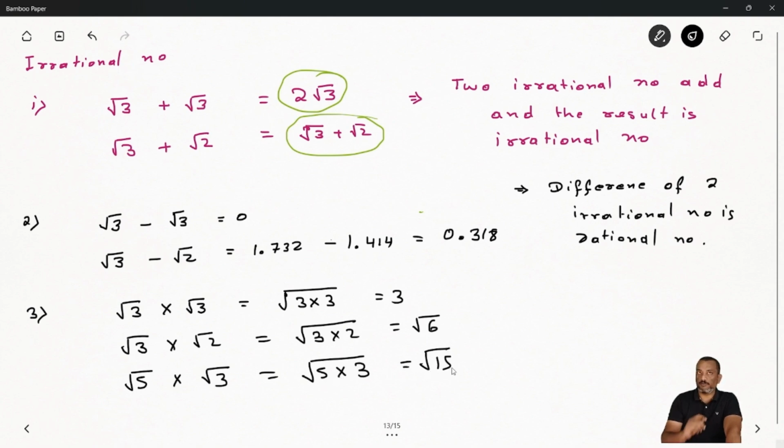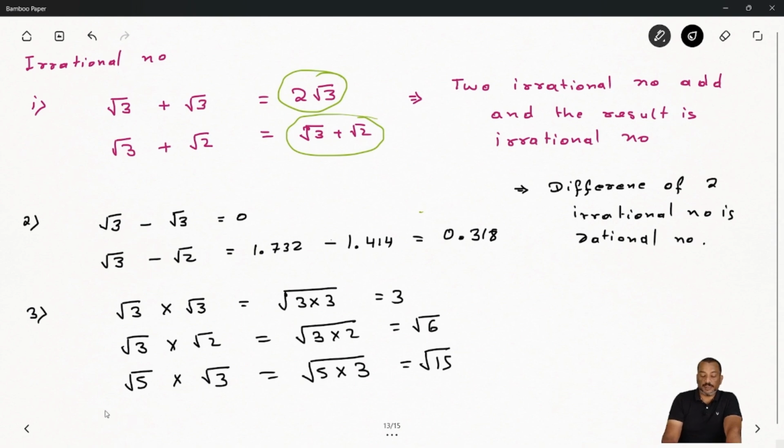So you can say when two irrational numbers are multiplied, you will get a rational number also or an irrational number also.